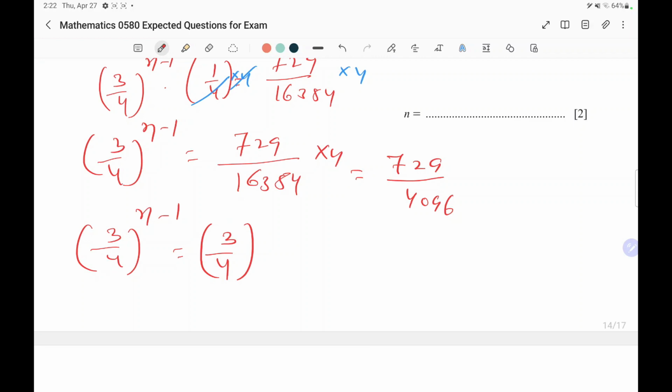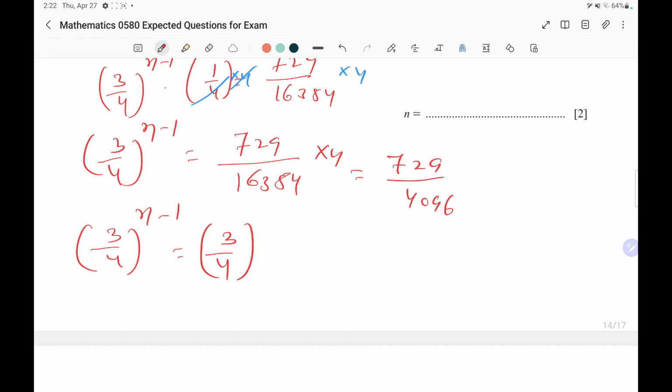Just write 3 over 4 to the power. Can we check with 6? I got 729 over 4096. By the way, I got the answer for 6, but if you do not get the answer for a given value, for example if I put 5, then I get 243 over 1024, which is smaller, so I have to increase the power.